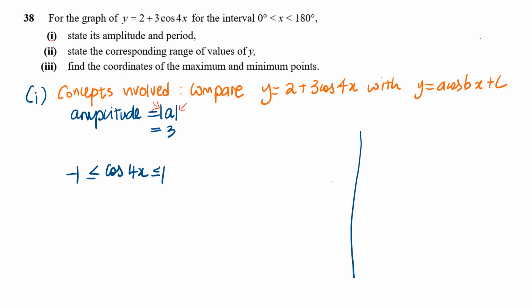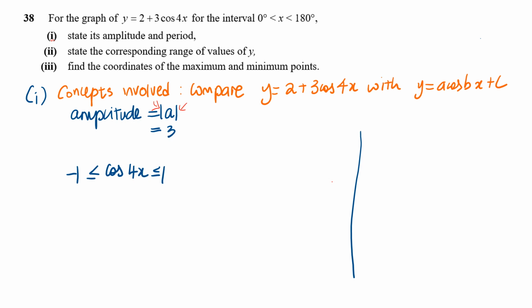So if your A is negative, you just put the 2 lines there and then miracle will happen, you become a positive value for amplitude. Let me repeat again, amplitude is a positive value, but A can be negative or positive depending on the shape of the curve given. Okay, so amplitude is 3.